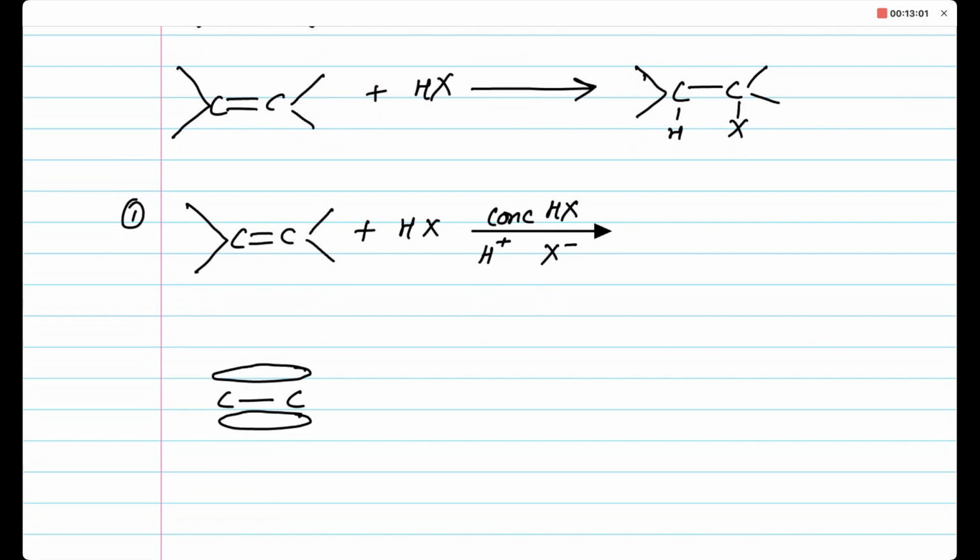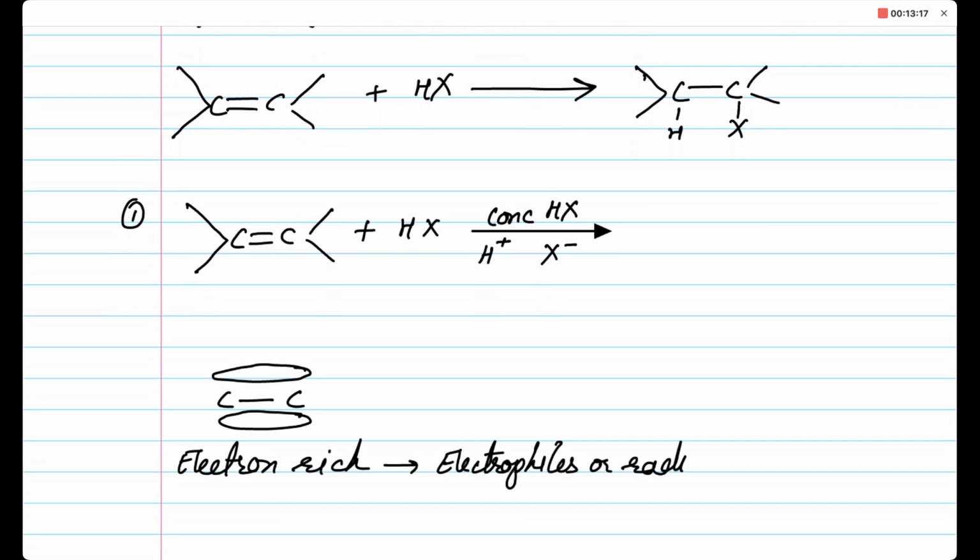This would make the alkenes electron rich, allowing only the electron deficient species, that is, the electrophiles or radicals, to attack the alkene.